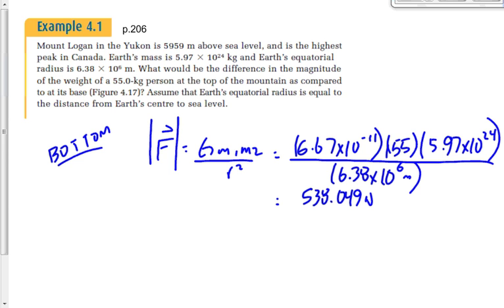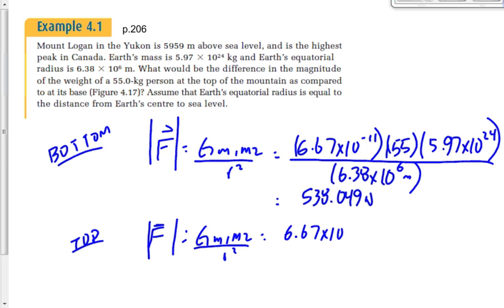Let's get the force at the top. What would you expect the force to be at the top? Your weight, more or less, or the same? More? At the top of the mountain? Okay, let's figure it out. Almost the same question, right?